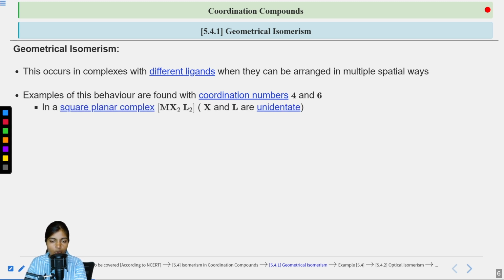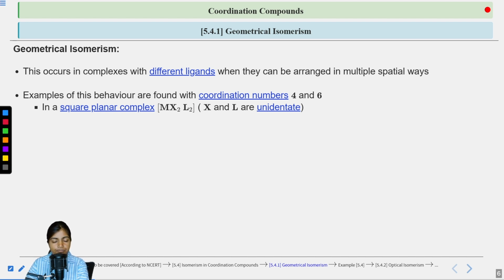In a square planar complex of type MX2L2, where X and L are different ligands and they are unidentate, that means only one donor atom is present in the X and L ligands. One more thing about coordination number: this geometrical isomerism is generally found in compounds having coordination number 4 and 6.